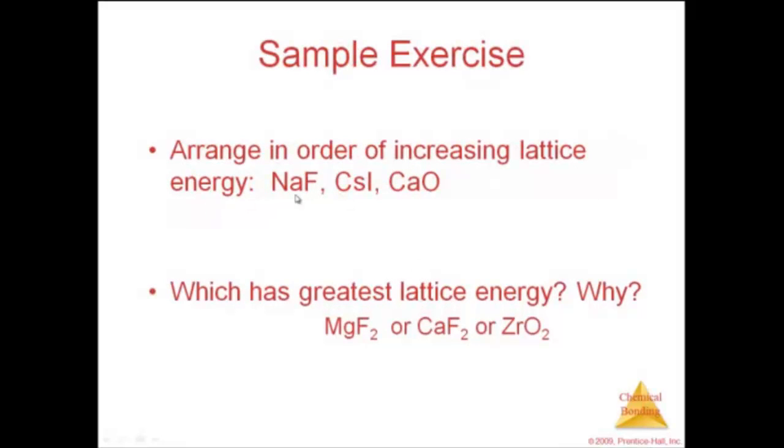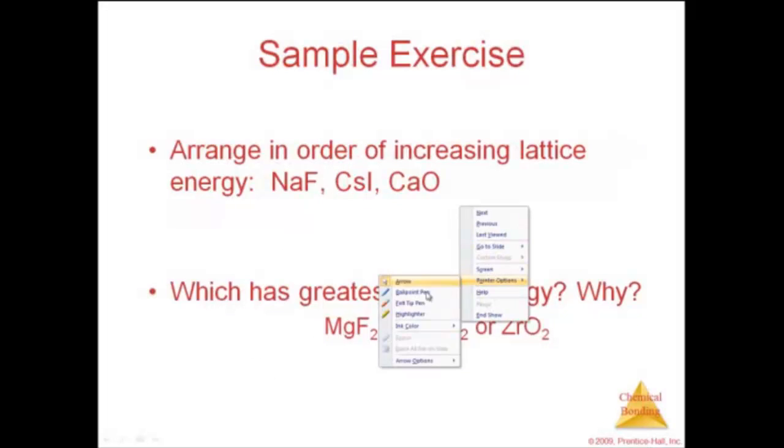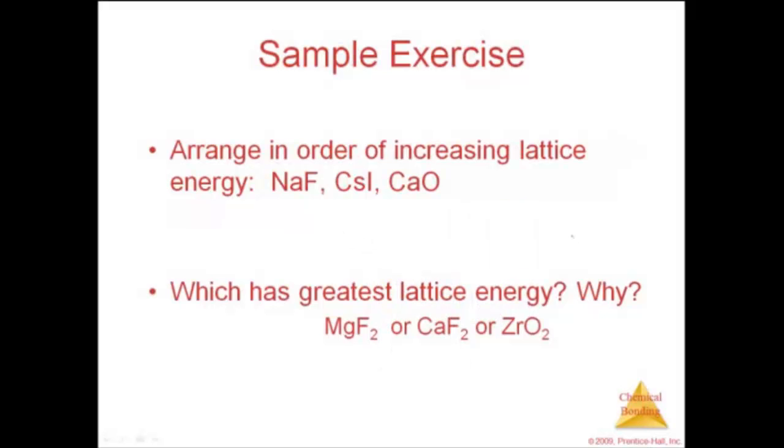Okay, so let's take a look and try to apply this. So we have sodium fluoride, cesium iodide, and calcium oxide. Let's first look at the charge, because the charge itself is enough to make a difference. I have in this case a +1, -1, +1, -1, +2, -2. So this will be the strongest, right? This is the highest.